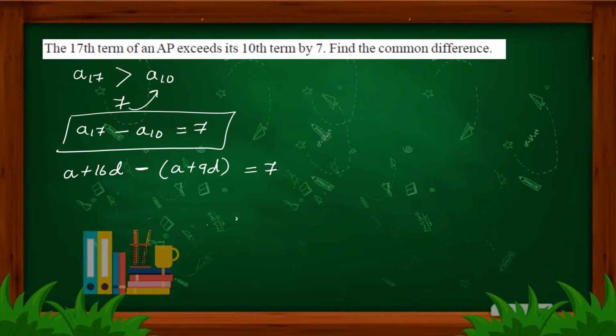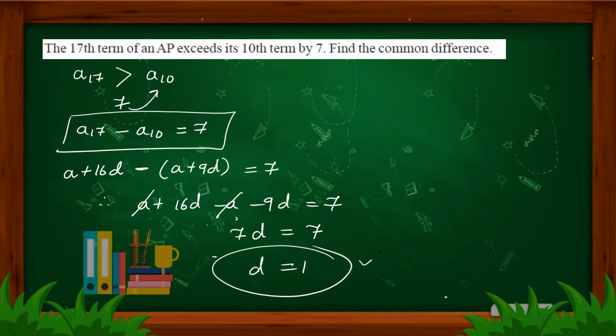Then what do we have? So let us just open the brackets. So therefore, A plus 16D minus A minus 9D equal to 7. A plus A gets cancelled. 16D minus 9D is going to be 7D. 7D is equal to 7, so D is equal to 1. So that's it. Hence the common difference of the given AP is 1.